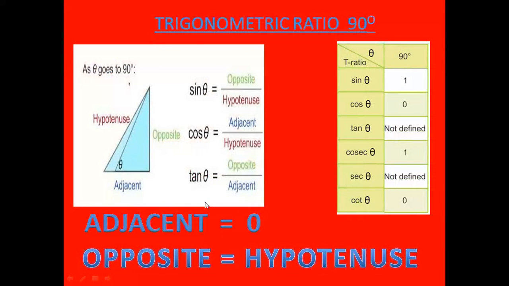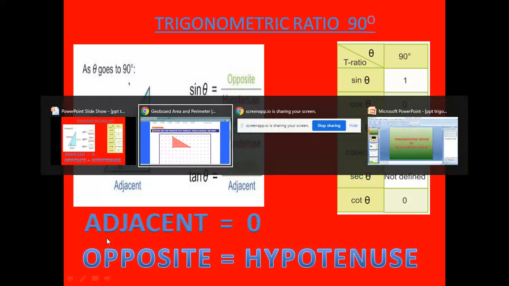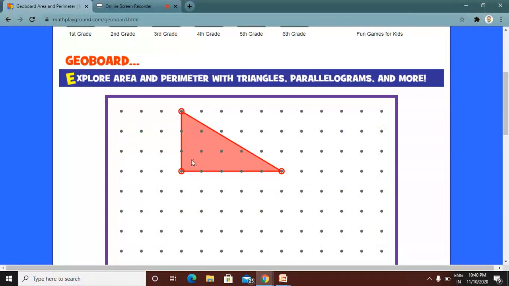Now, go to the trigonometric ratios of 90 degrees. To understand the trigonometric ratios of 90 degrees, let us go to the geoboard. Here you look, this is the angle. If you move it forward, automatically what is happening? The angle is going to increase.